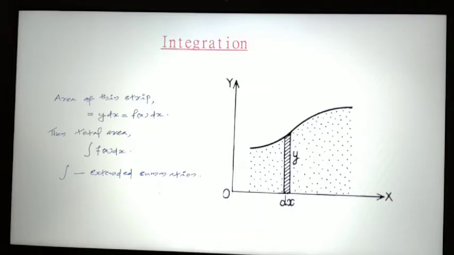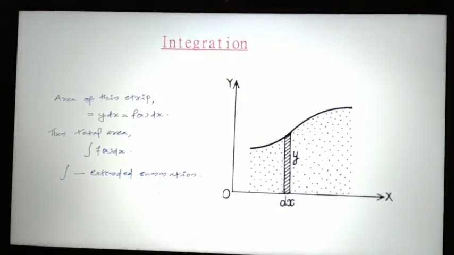So there are two different types of integration. One is definite integral and another is indefinite integral. For a definite integral, you have limits, as in this case. This is a definite integral because the integration is defined between two extreme points, the lower limit and the upper limit.